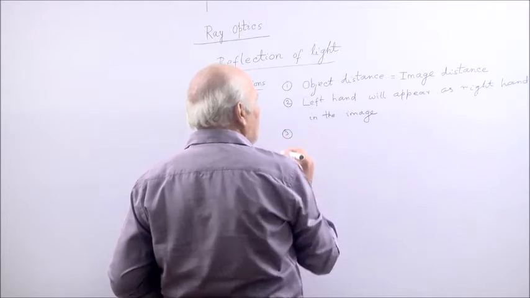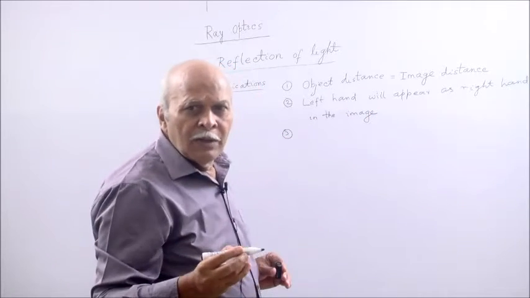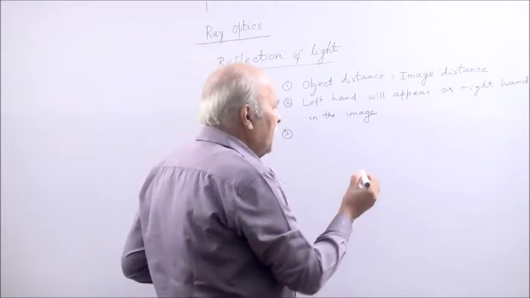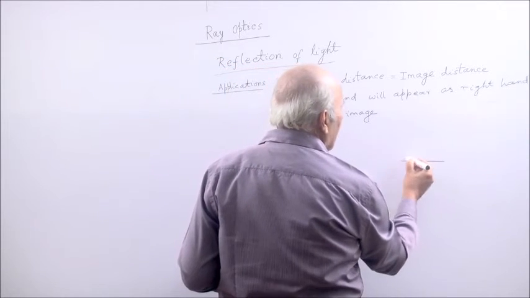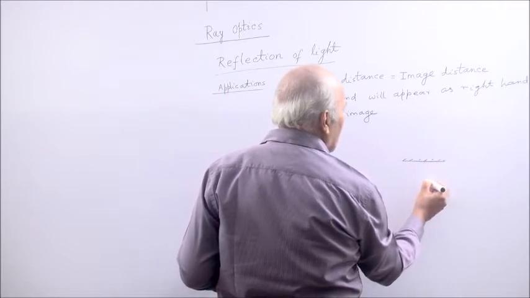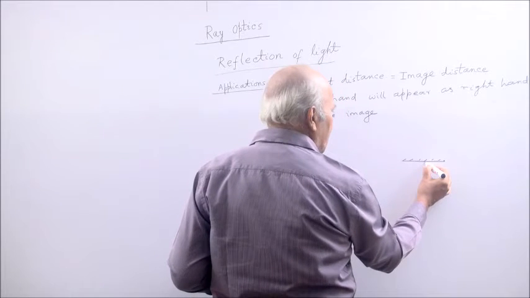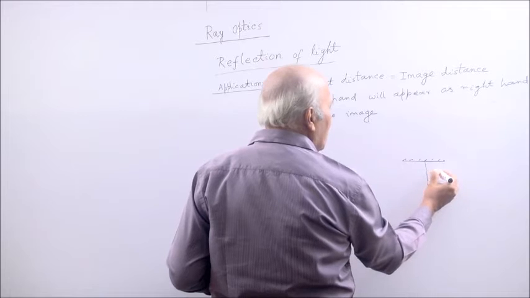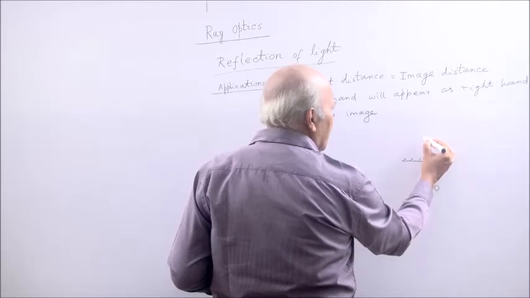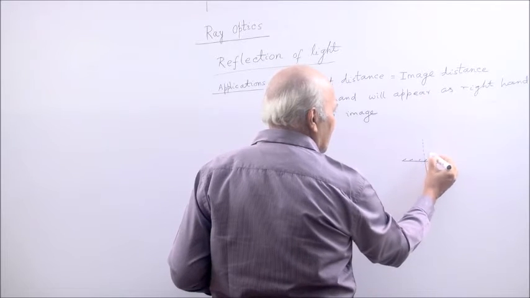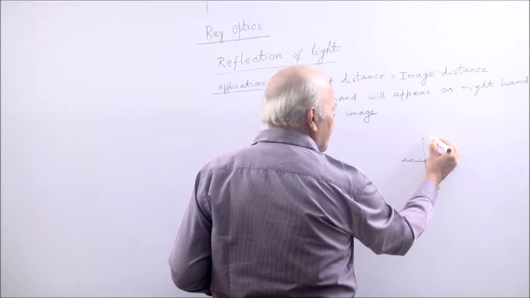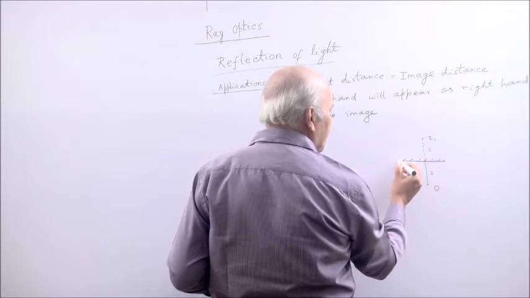And third is, suppose you have a plane mirror and an object O. So this object will have an image I1, say.